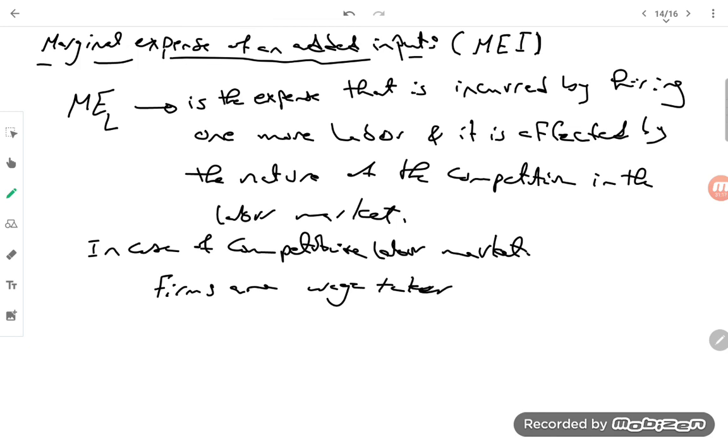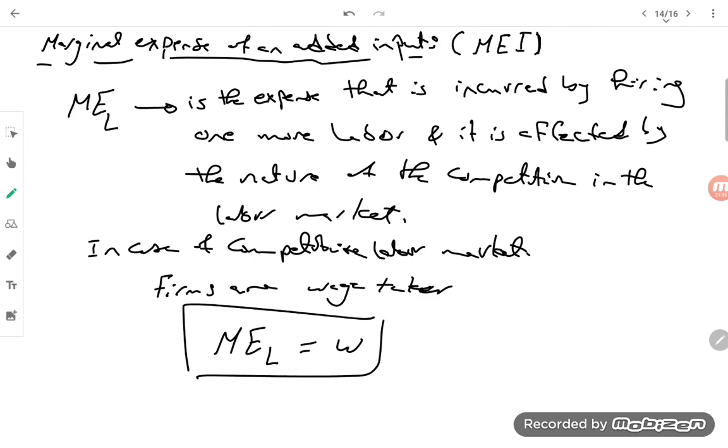As we said before, the wage rate supply will be horizontal for each firm alone, while for the whole market it will be positively sloped. So in this case, marginal expense of labor will be equivalent to the wage rate. And the same applies with respect to capital.